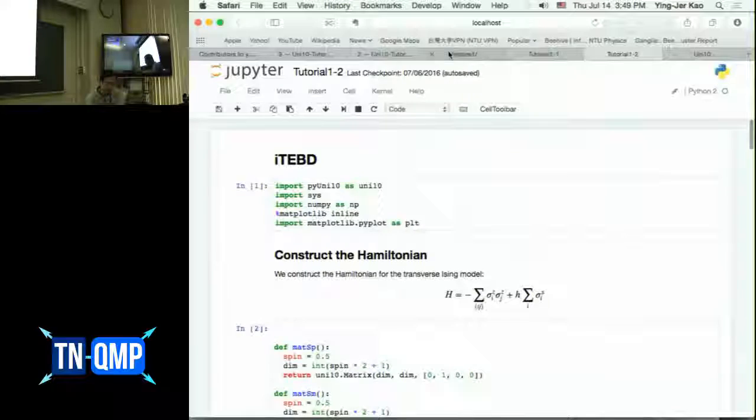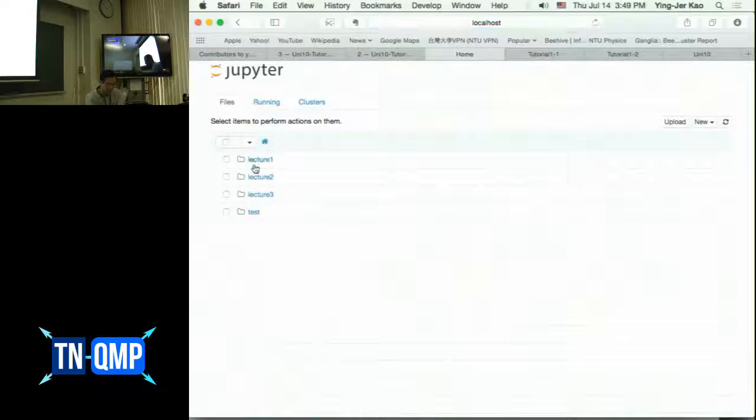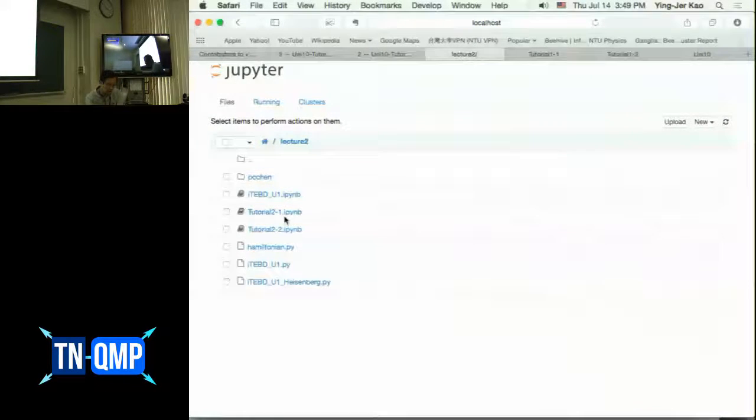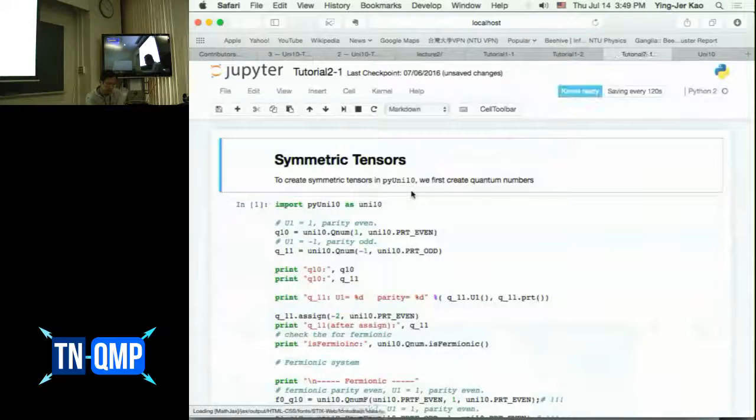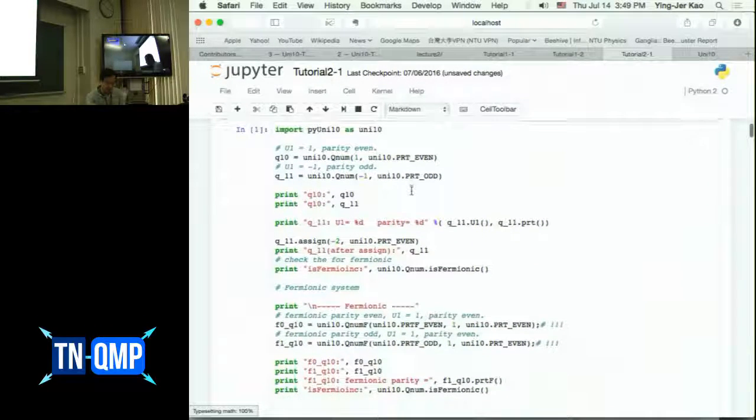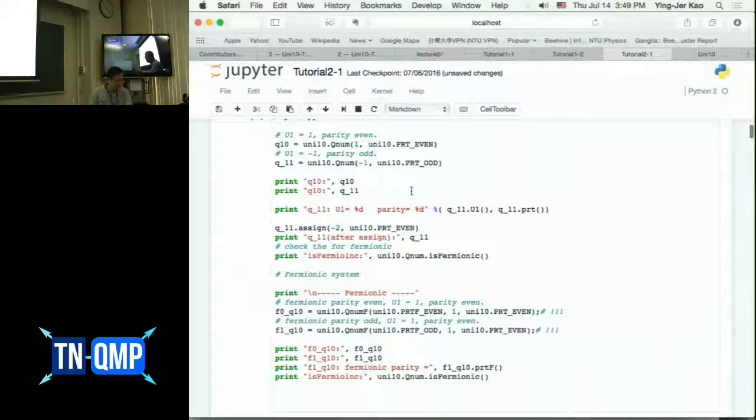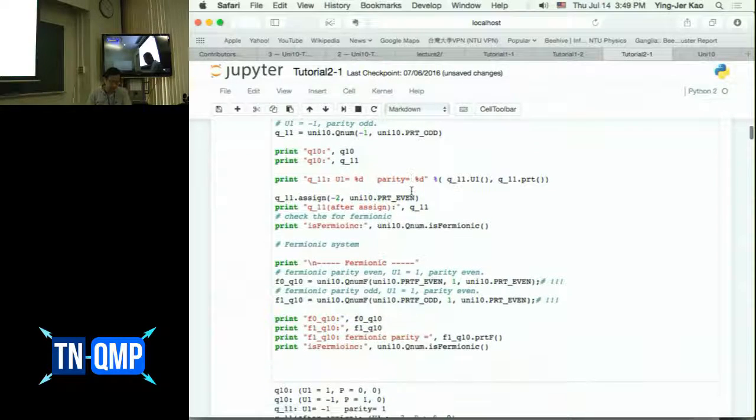So for this purpose, if you want to define a symmetric tensor, I define quantum numbers. There are some getter functions to get what kind of U1 charge, what's the charge for parity in this quantum number object.